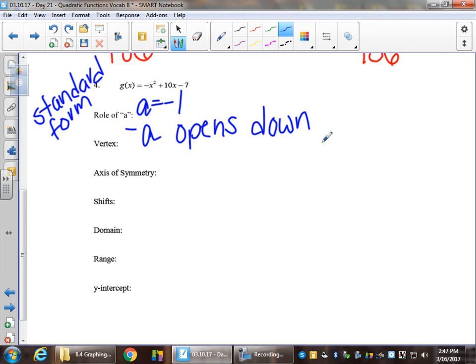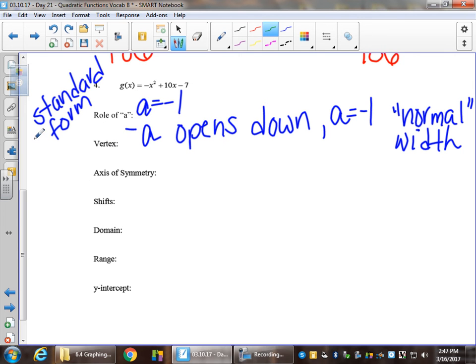When you look back in our rules of A, if A equals negative 1 or A equals 1, we'll have a normal width. My vertex, again, we have to do that equation, x equals negative b over 2a.